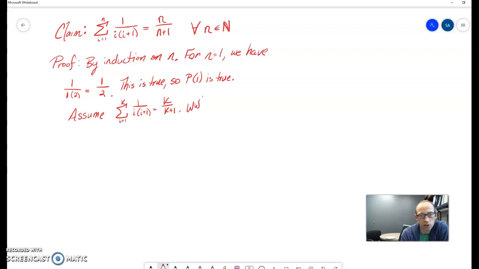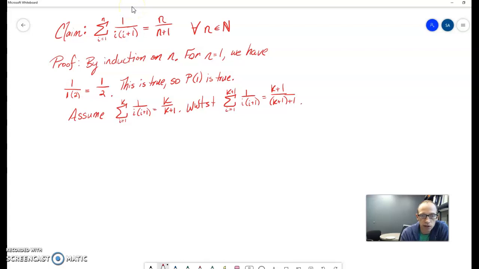We want to show that same idea, except everything is going to replace n with k plus 1. So this would be k plus 1 up here, and this would be k plus 1 plus 1. Again, we're just substituting in k plus 1 for n in this original equation.